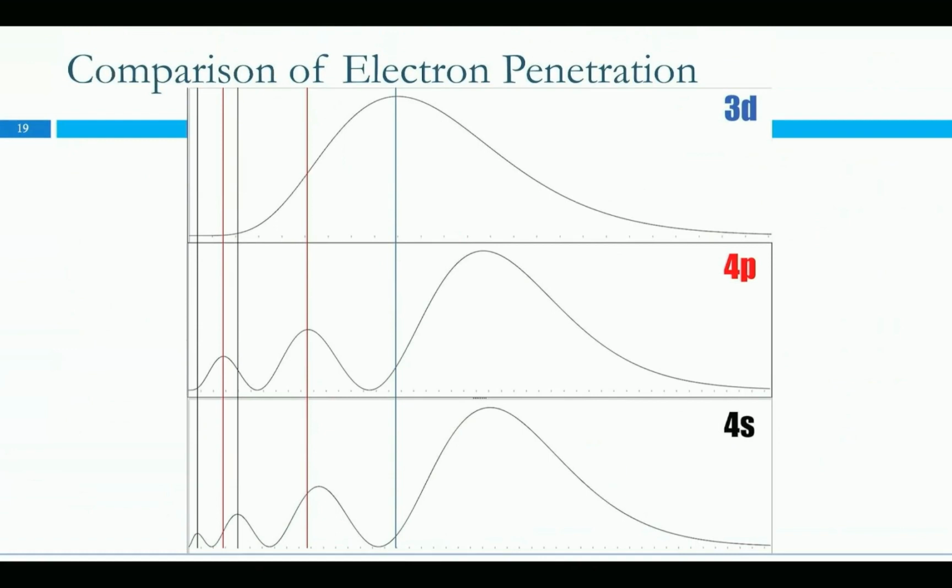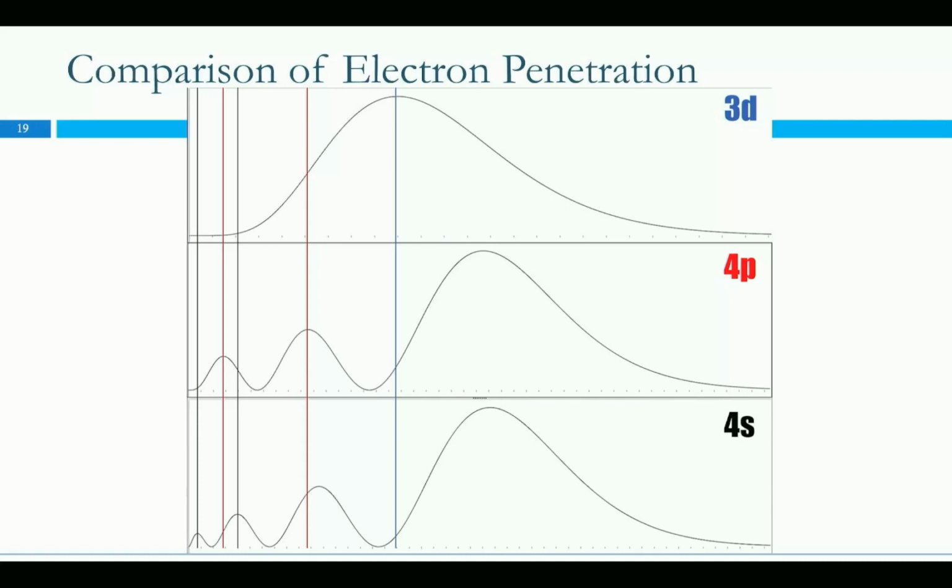A 4s electron would have these smaller peaks inside of its largest peak. Each of these smaller peaks is an amount of penetration that the electrons in the 4s orbital can get closer to the nucleus sometimes and slip inside those core electrons.